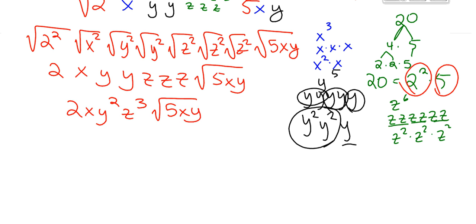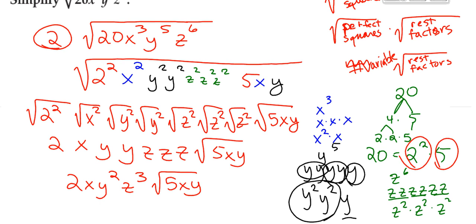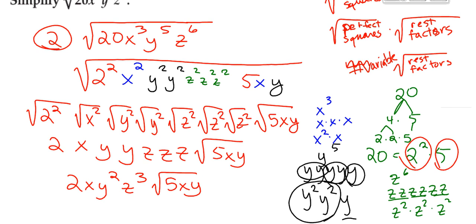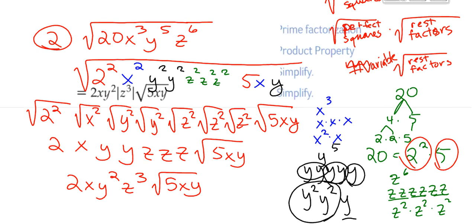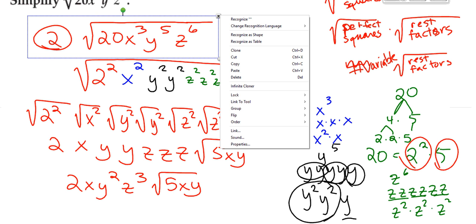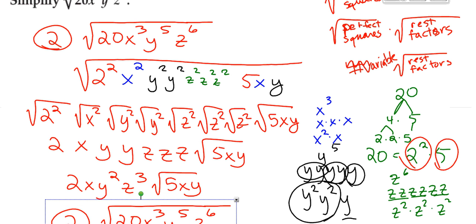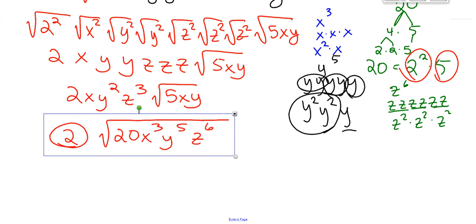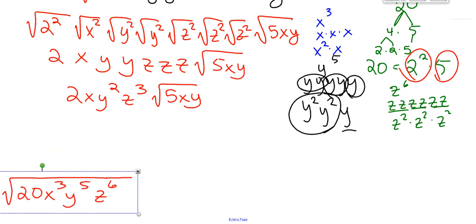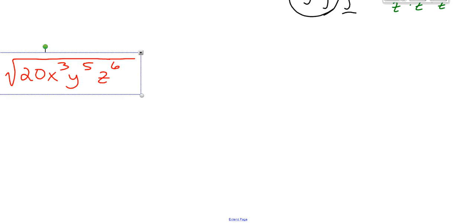Now, one thing, because I have variables, I want to look at my even, odd idea that I've had here. And let me just clone that a second. And I'm going to slide it way down here so that I can see the original problem. So when I look at this original problem, I'm just going to notice some things about it.